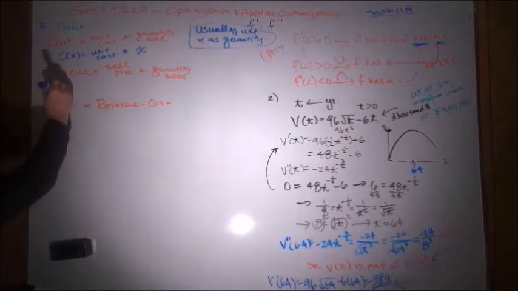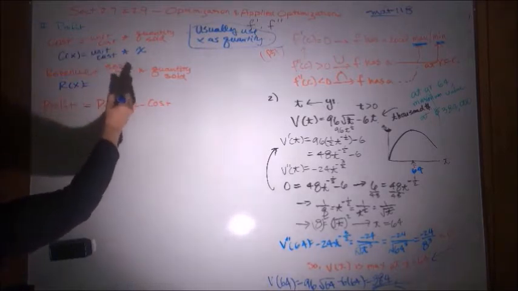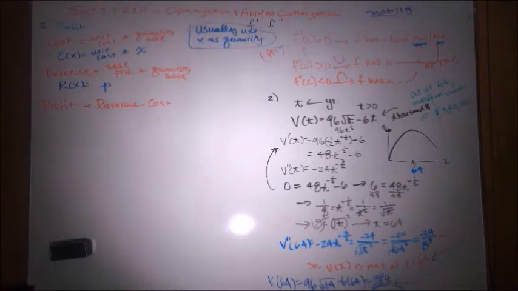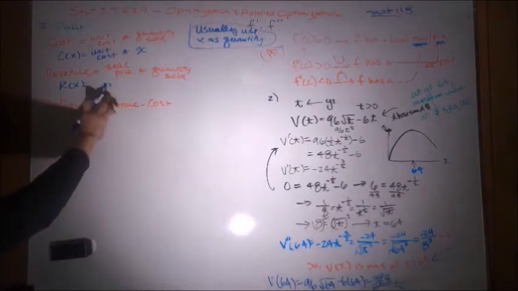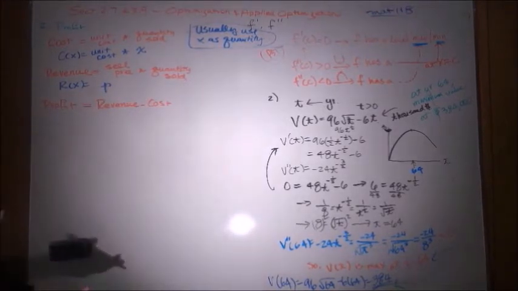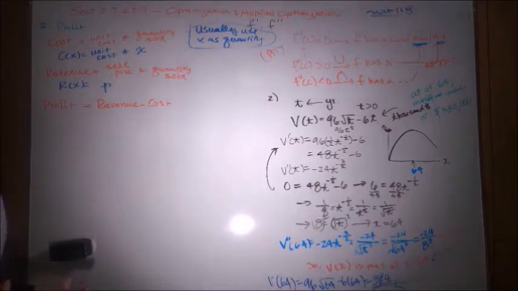Then your revenue will be your selling price, the price you sold at. It may fluctuate, because you want to figure out, should I sell higher or lower to maximize?